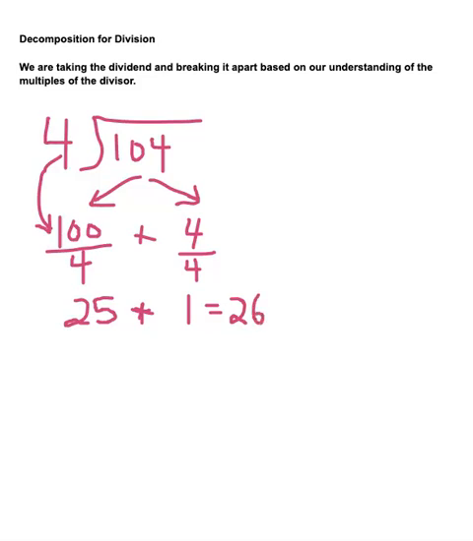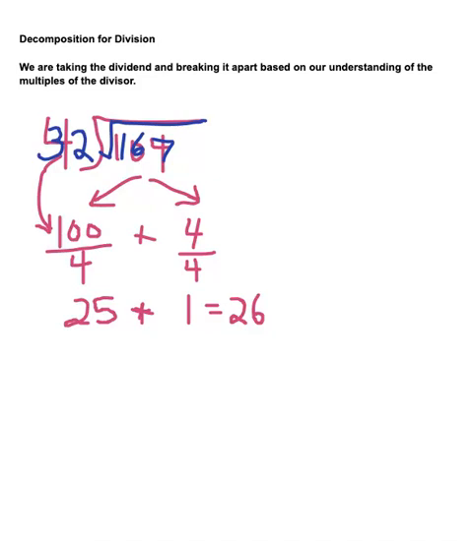So let's try something a little bit more complicated. Let's look at 167 divided by 32. So how many 32s are in 167?